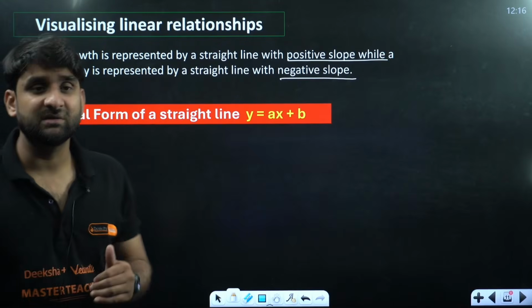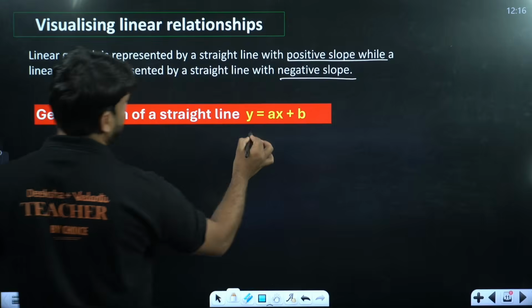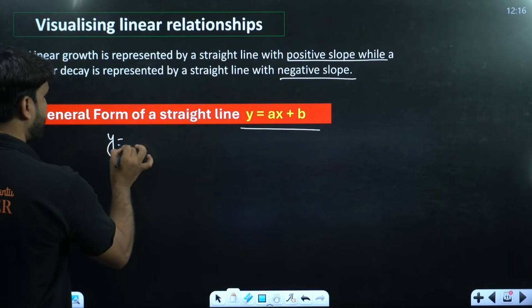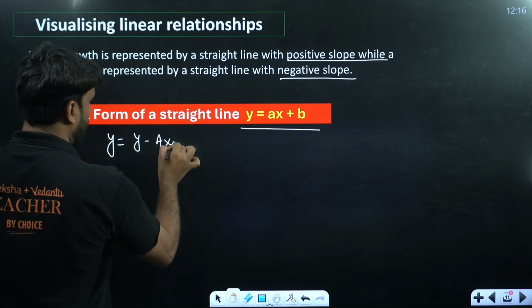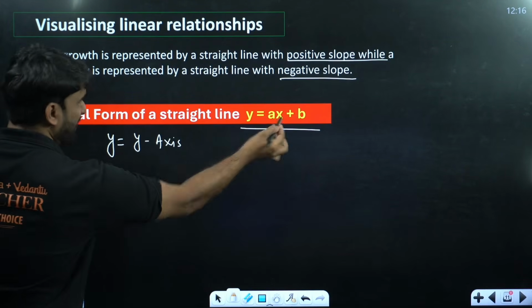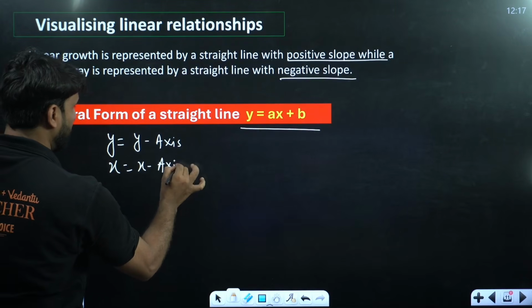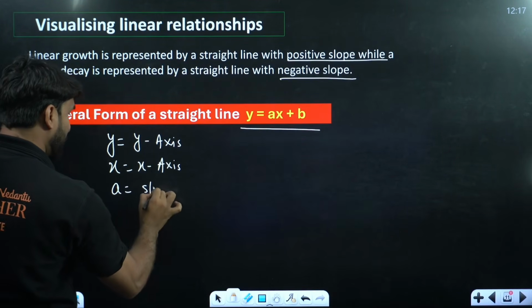Something is decreasing steadily. My dear champions, the general form of a straight line is y is equal to ax plus b. Here, y represents the y-axis, right? Here, x represents the x-axis. Try to understand these values. A is basically the slope.